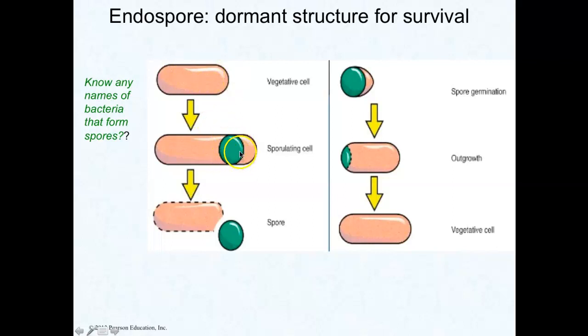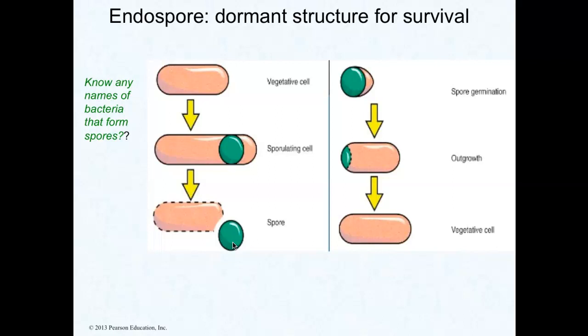What a spore is, is just a hard shell. It's a protein coat that covers the bacteria's DNA. The living part of the cell dies, and then you have basically just a ball with DNA inside. And it's really hard, really impenetrable, very, very sturdy and strong, and it survives all kinds of harsh environments. It can survive heat.